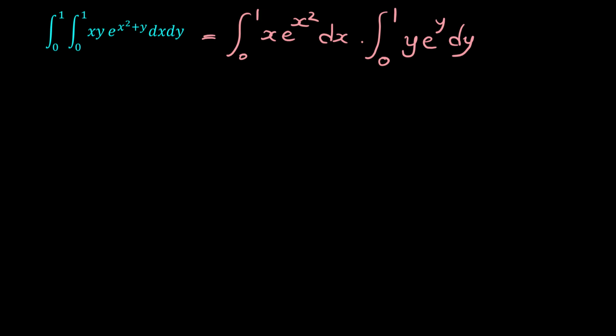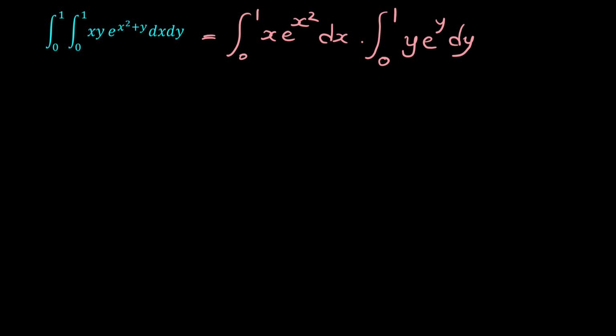Now let me show you how we can find this integral. First, we write this in the form of integral 0 to 1 of x e to the x squared dx times integral 0 to 1 of y e to the y dy.